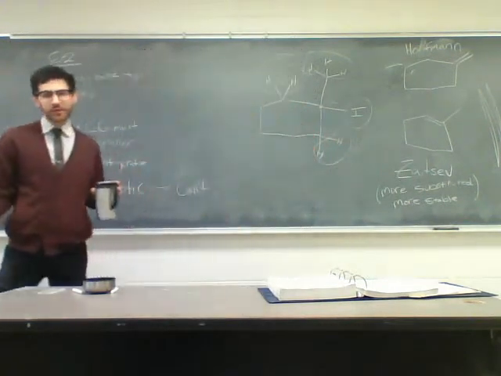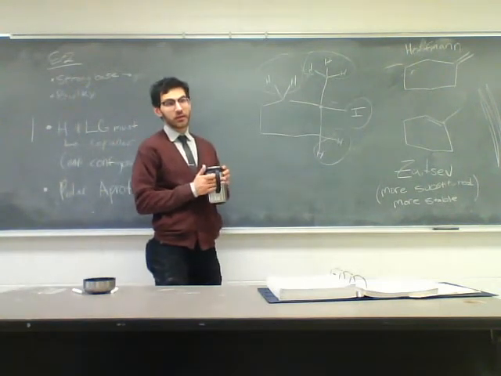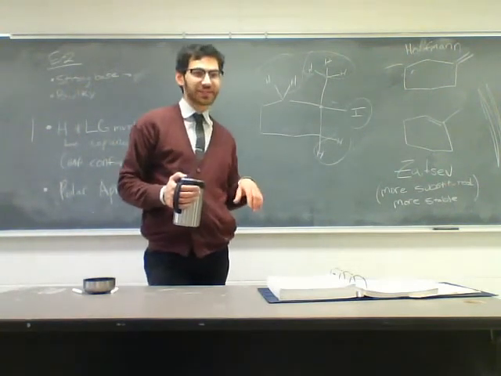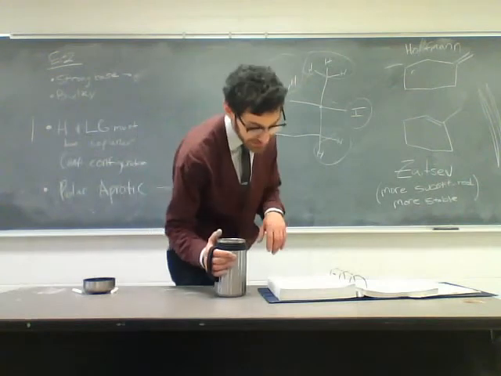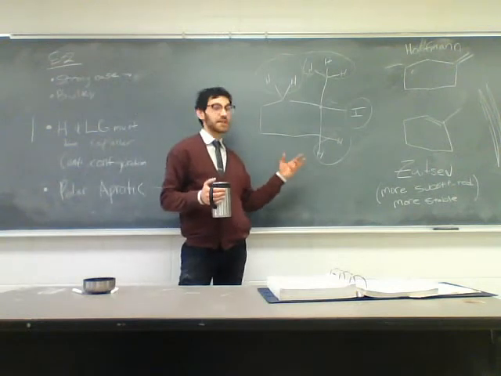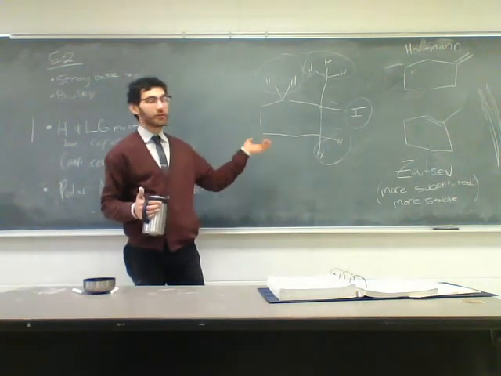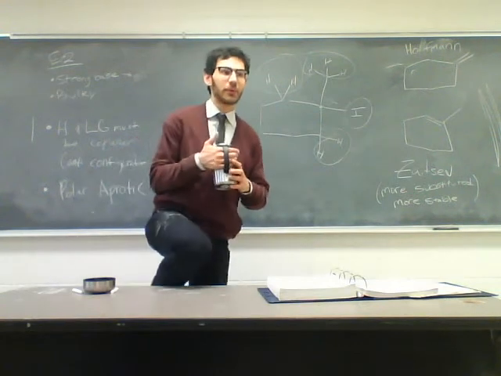So how do we know which one we're going to form? Zaitsev. Under ideal conditions, we're going to form the Zaitsev because that is more stable. The only times we're going to form the Hofmann products, does anybody have an idea why?